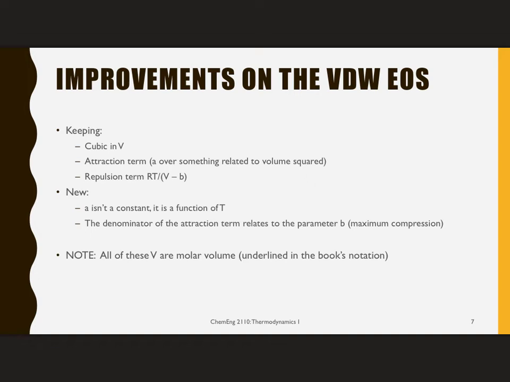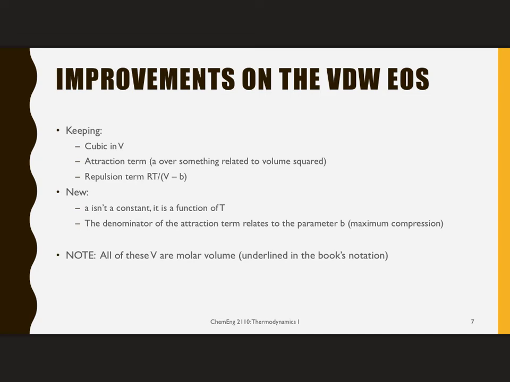Now the van der Waals equation actually works remarkably well for being the first in this whole family of improvements on the ideal gas law, but we can make it even better. So what is good about it is being third order in volume.